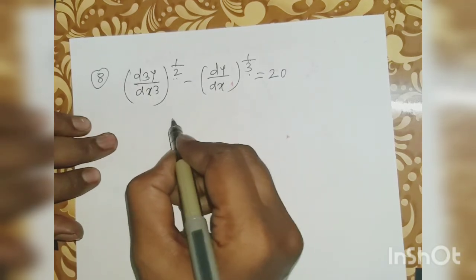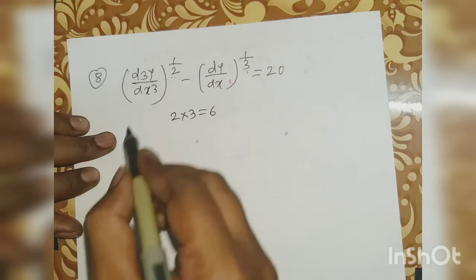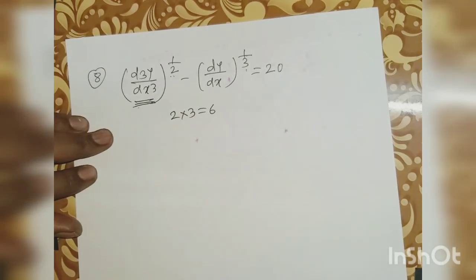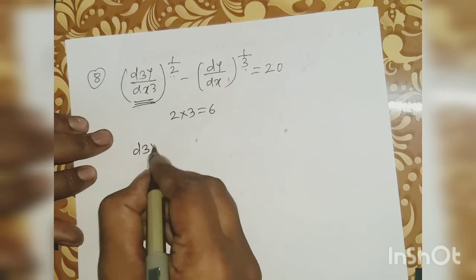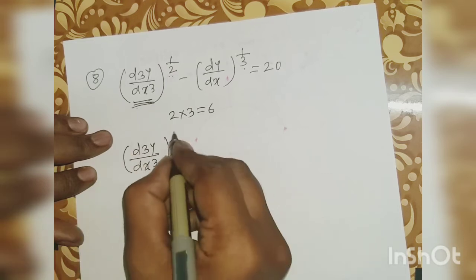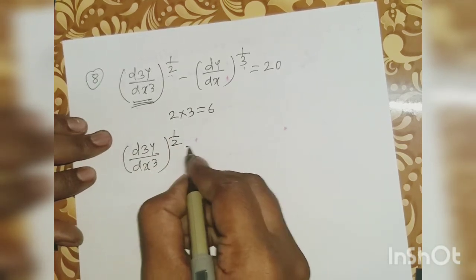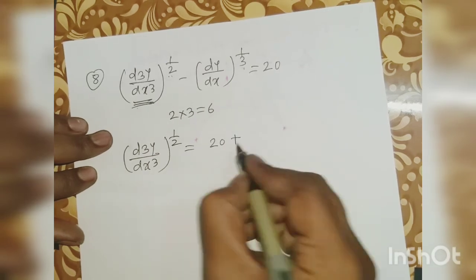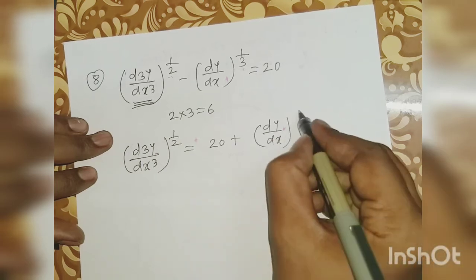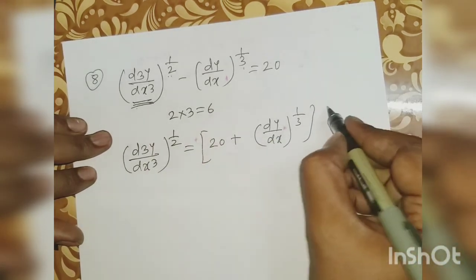That means the product of 2 and 3, 2 into 3 is equal to 6. And first write the highest derivative term on only one side. That means (d3y by dx cube) bracket raised to 1 by 2 is equal to 20 plus (dy by dx) bracket raised to 1 by 3.